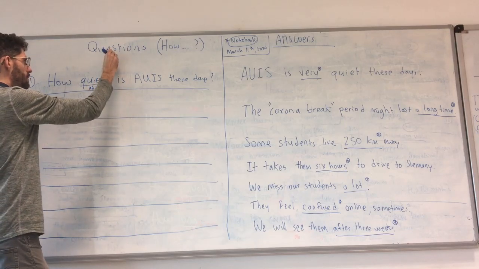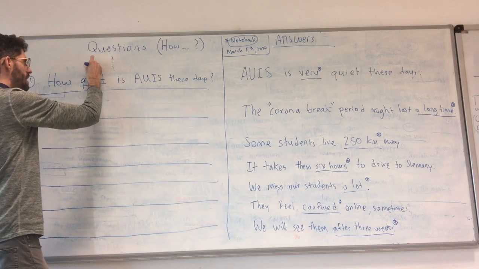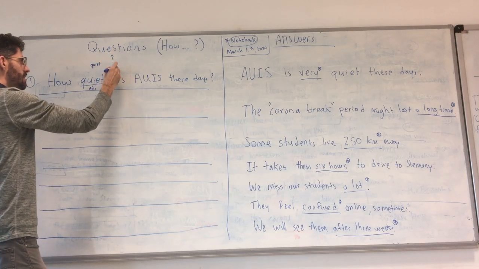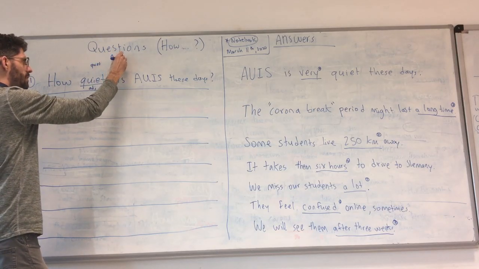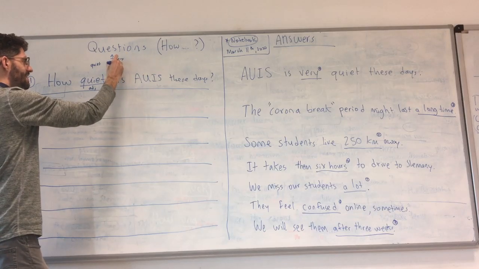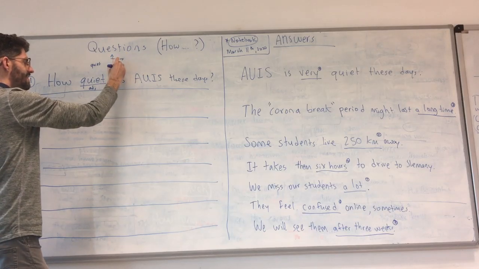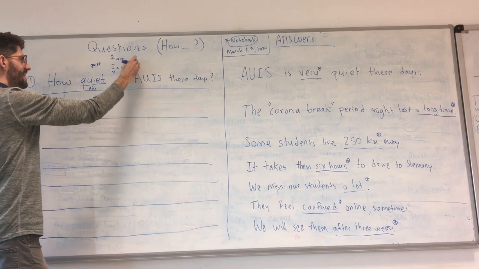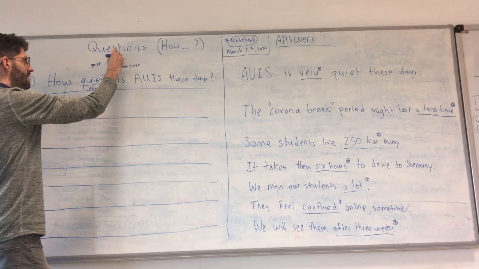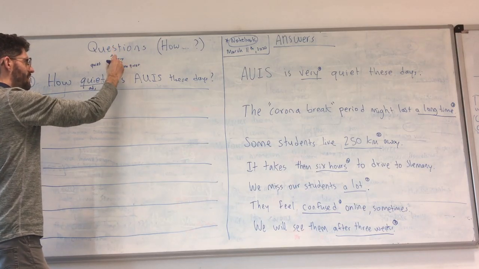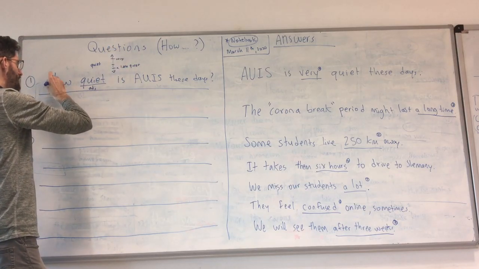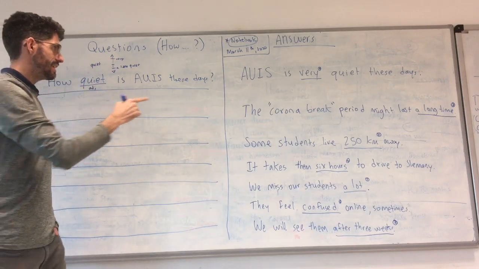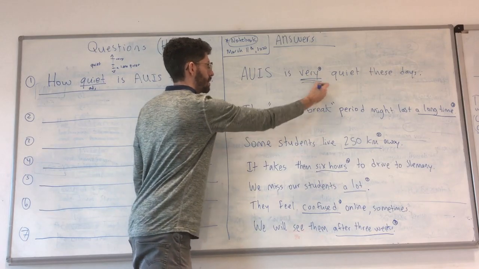Okay, so if you're talking about the adjective quiet, it could be very quiet, a little quiet, okay? And so I'm using how to tell me how much quiet it is. It is very quiet, okay?